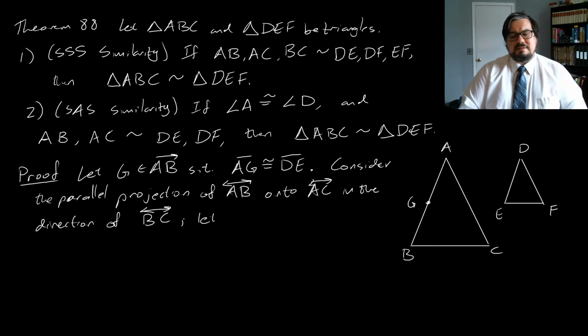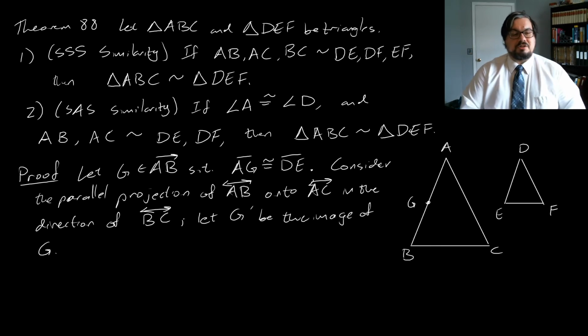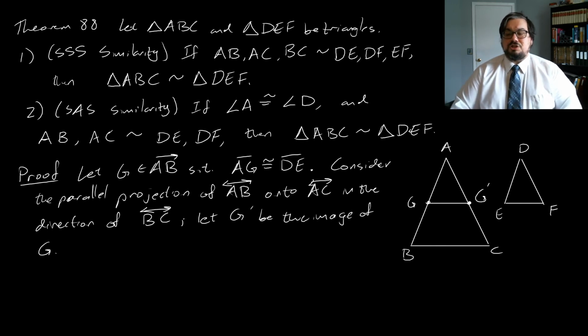And let G prime be the image of G under this projection. So we're going to take a line here that's parallel to the line BC. We're going to look at G prime over here. We have this congruence already.